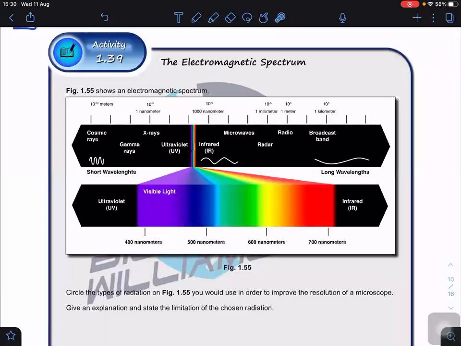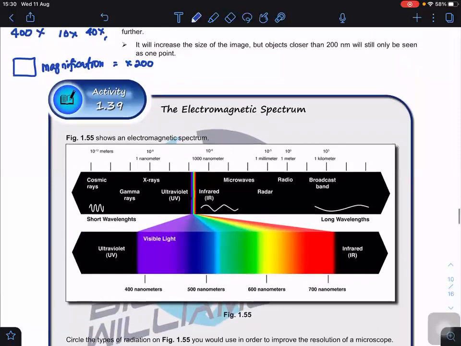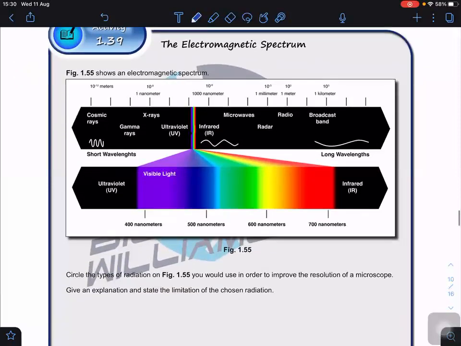Always remember, the shorter the wavelength, the better the resolution. This is the concept right now. Wavelength shorter, better resolution.